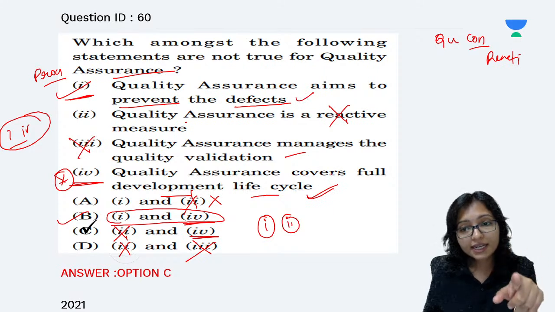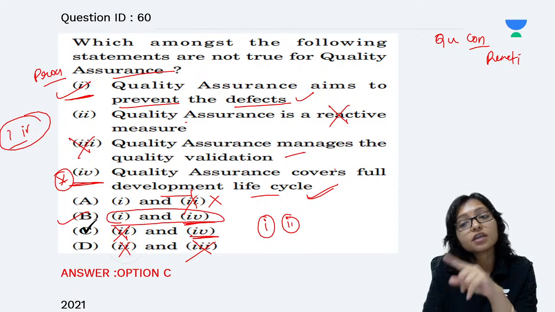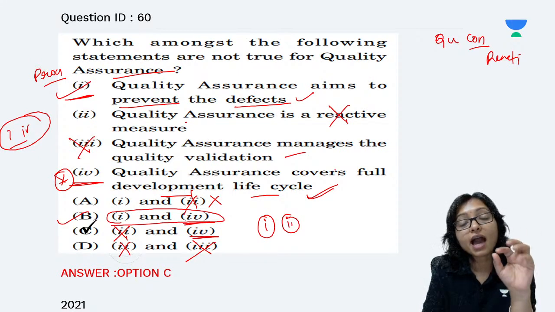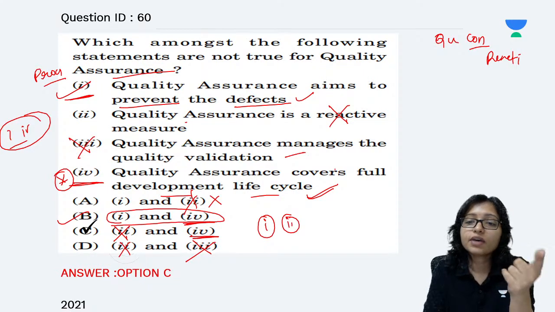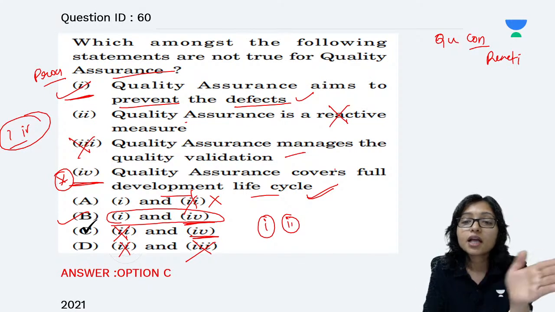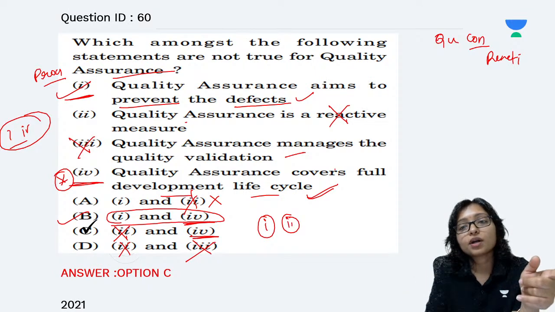And quality control is what? Quality control is a reactive process that focuses on effectively identifying the defect. It tries to identify the defect in a completed product, before it is shipped to the customer.